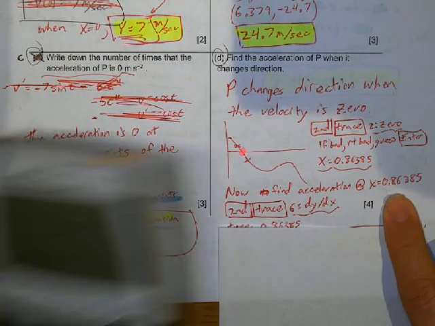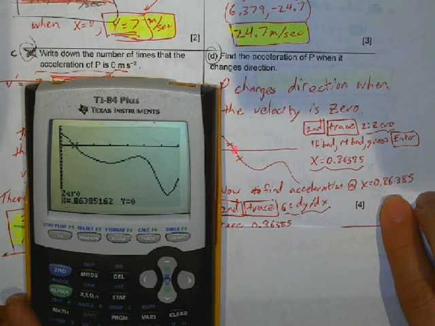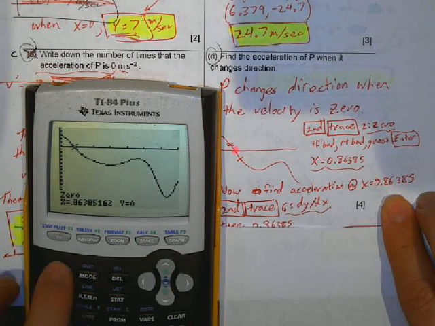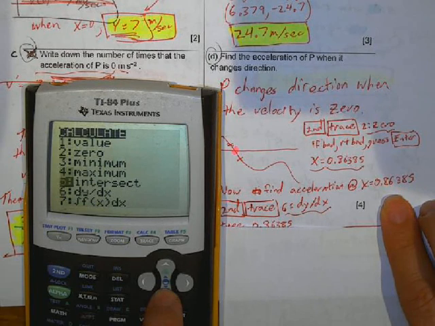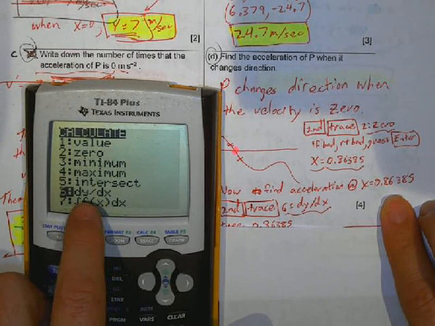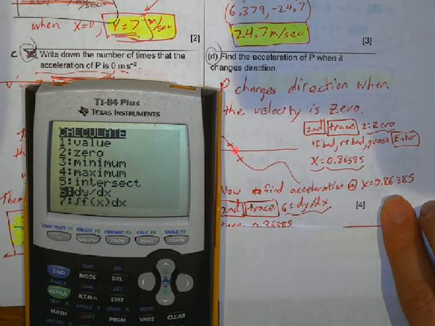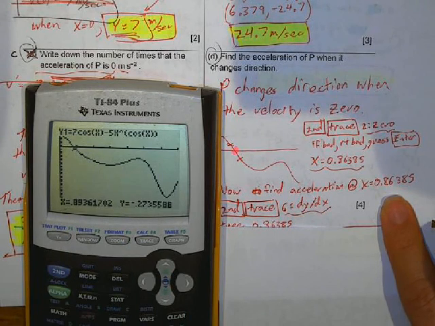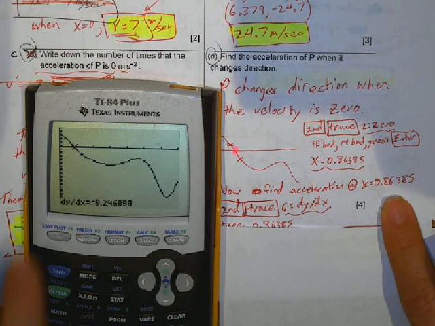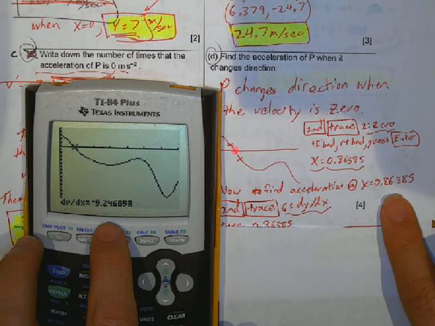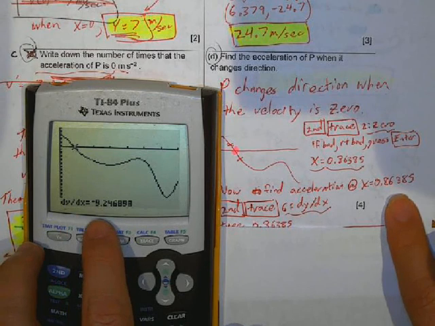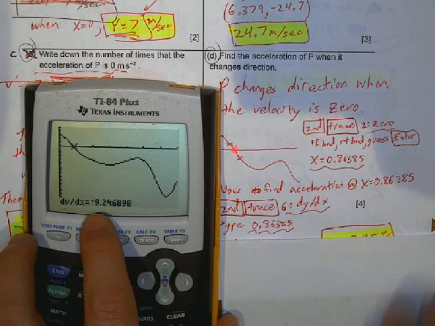So I'm going to do second trace, and I'm going to go down to 6 here because this gives me the derivative of that function that we have typed in there. Now I'm going to type in 0.86385, enter, and that gives me the derivative when x is 0.8638, and that derivative is negative 9.24.